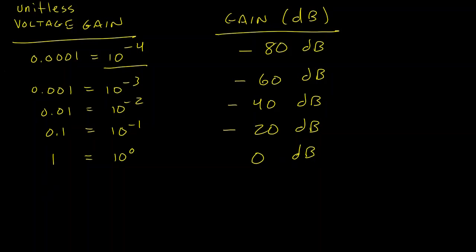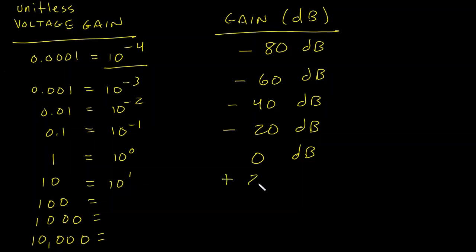And then we start building up in positive gains. So now we can have a gain of 10, a gain of 100, a gain of 1,000, and a gain of 10,000. We can write out what each of those is. One's going to be 10 to the first, the log base 10 of 10 to the first power is just 1 times 20 gives us plus 20 dB. A gain of 100 unitless is 10 squared.